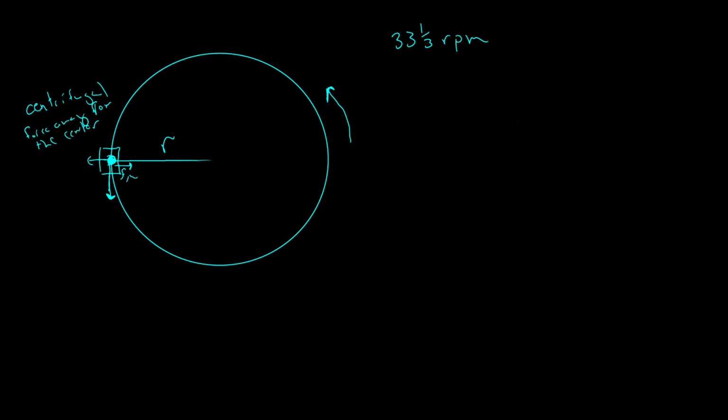And so let's take a record player and let's flatten it. And we can put a penny on it. So we have a penny sitting on a record player. And we'll put that penny R away from the center.